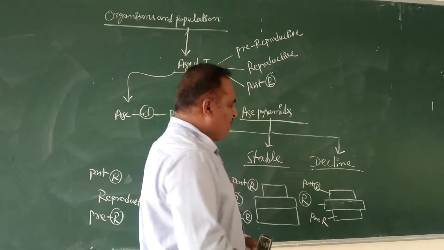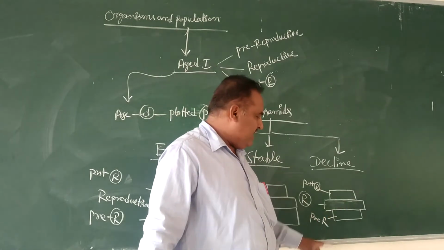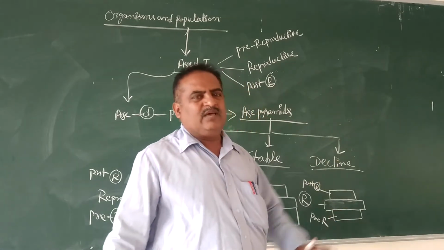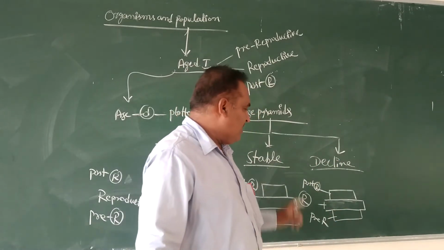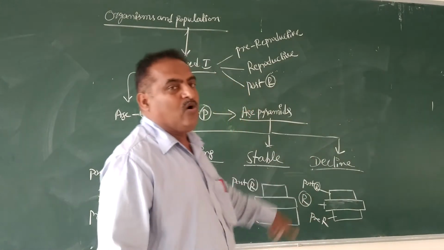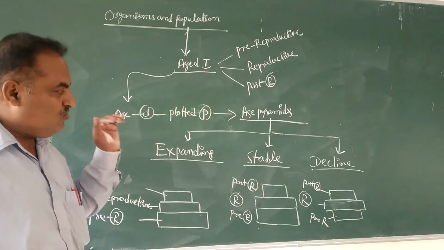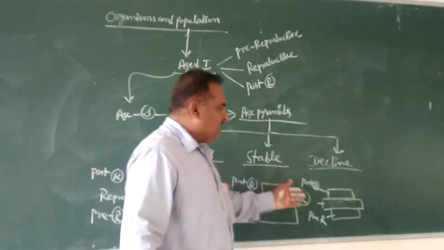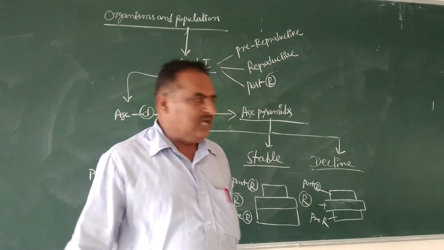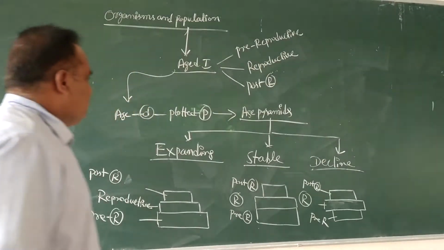Here, the post-reproductive age individuals and pre-reproductive age individuals are the same in number, but the reproductive age individuals are more. This kind of age pyramid, where reproductive age individuals are more, is called a declining age pyramid.